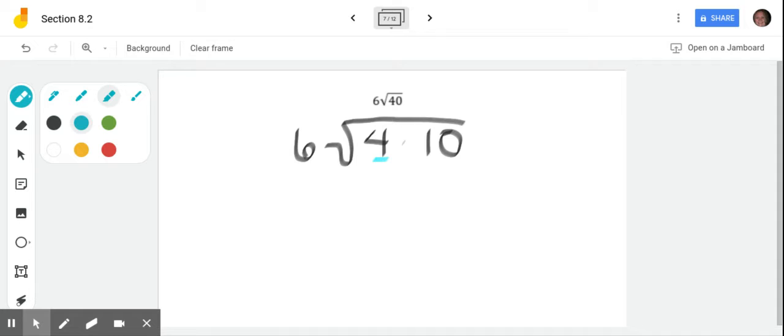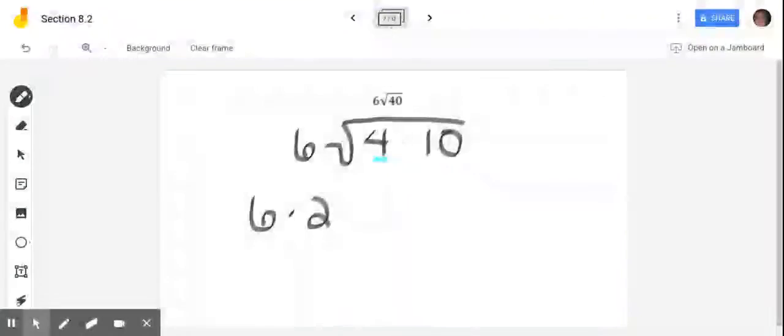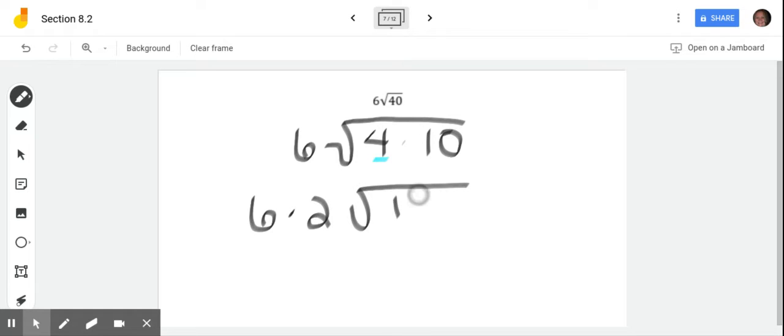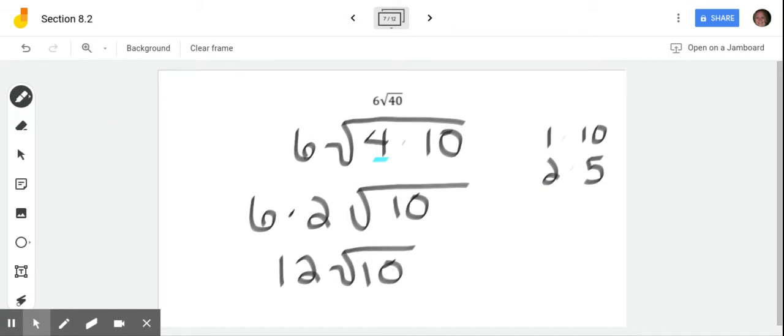So that means that 6 times 2 is on the outside, and 10 is on the inside. Now, are there any perfect squares in 10? Well, 10 can be 1 times 10, no perfect squares. 2 times 5, no perfect squares. So 10 is simplified. 6 times 2 can be simplified further to 12. 12 radical 10 is my answer. So 6 radical 40 simplifies to 12 radical 10.